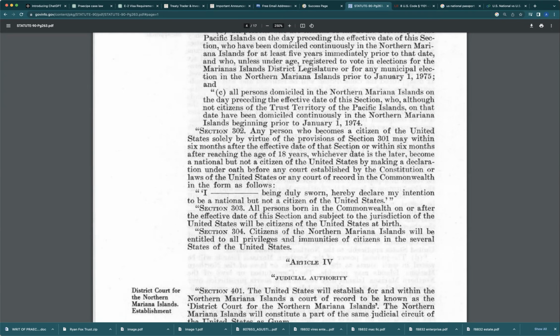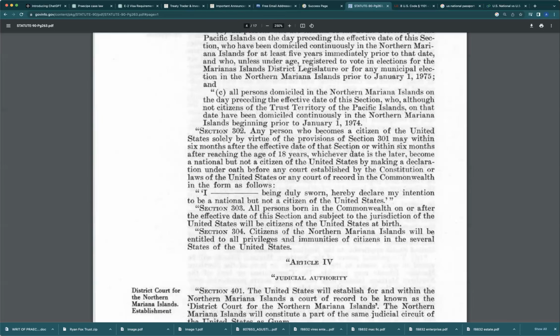Okay, if you were naturalized from another country into the United States, surely you've done it. Let's say it's most recent. This is after the year 1974.